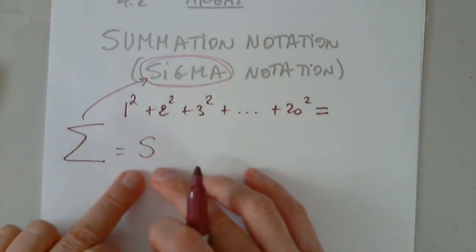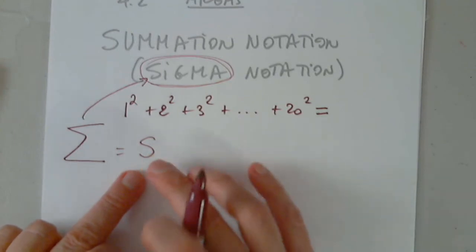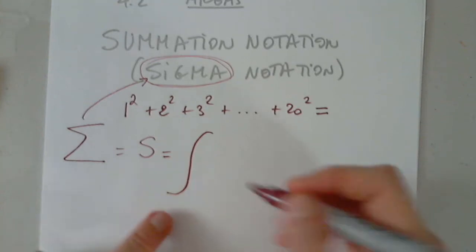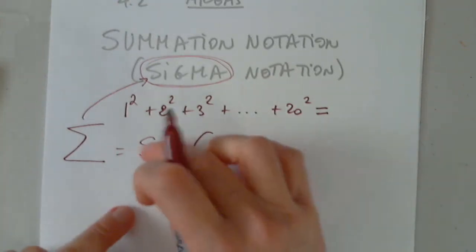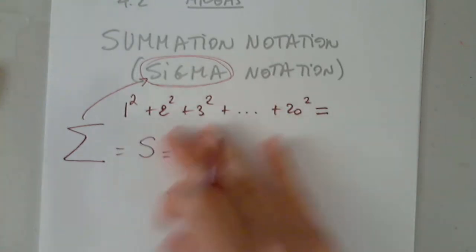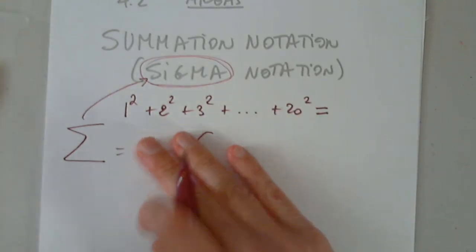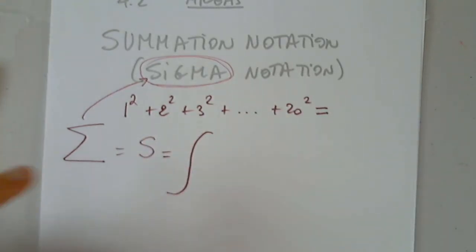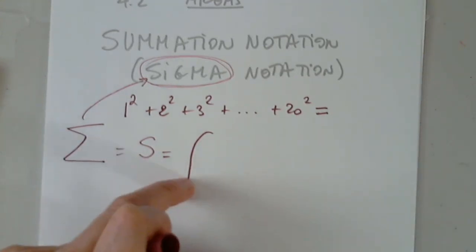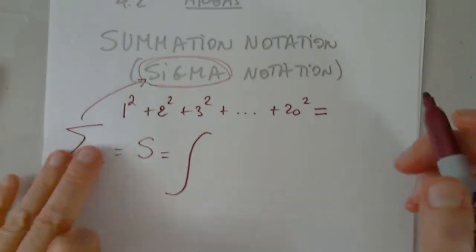This is good, but it's not good enough. We're going to use it very shortly, but we're going to stretch it. We're going to stretch the sum, and it's going to look like this. You don't have to write this just yet. So right now, I'm interested in the Greek letter S.